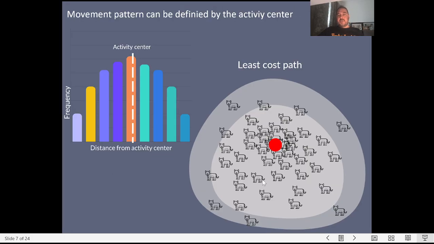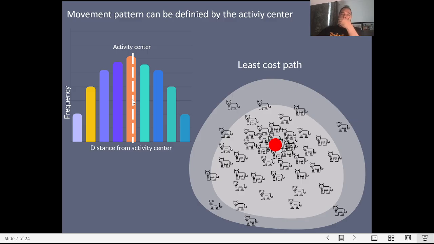But let's think of it as an easy, regular case like this, with the activity center here, and more or less with no difference, the leopard detection will be more or less equal from one side and the other side, because as you get farther from the activity center, the detection will decrease.